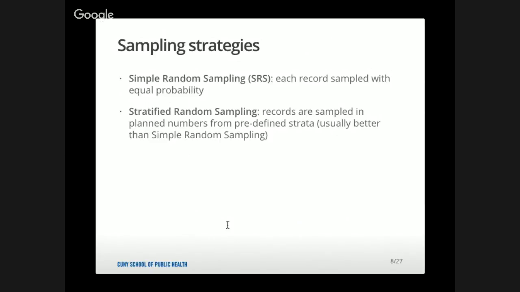So as an example, if you have in your population old and young patients, male and female patients, a stratified random sampling approach might be to call every individual either an old man, old woman, young man, or young woman, and then select an equal number from each of those four groups. That would be a stratified random sample.